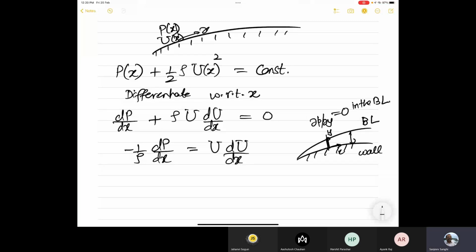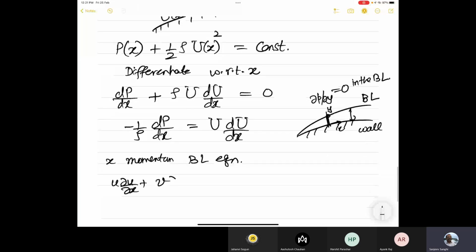So whatever is the potential flow solution here, the same pressure will continue, it will not change up to the wall. So what we can do is, in the X momentum boundary layer equation, our equation was U partial U by partial X plus V partial U by partial Y is equal to minus 1 over rho dP by dx plus nu d2u by dy square.